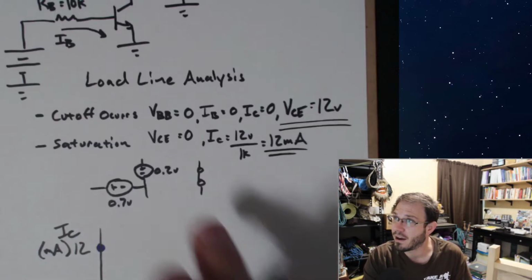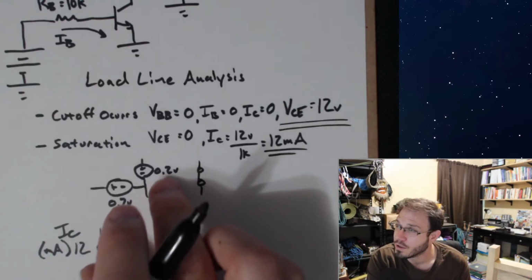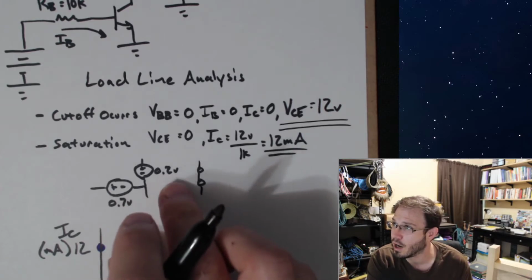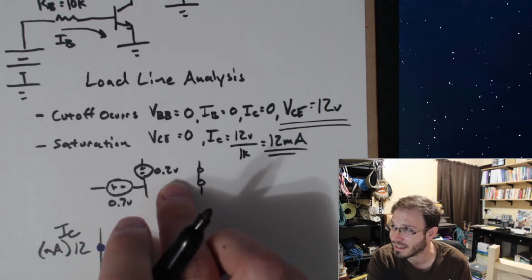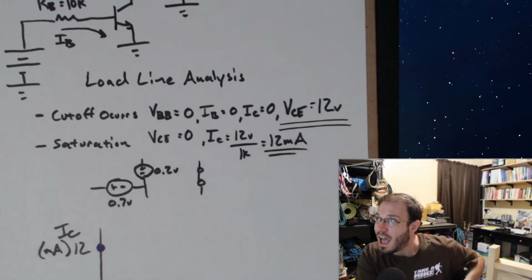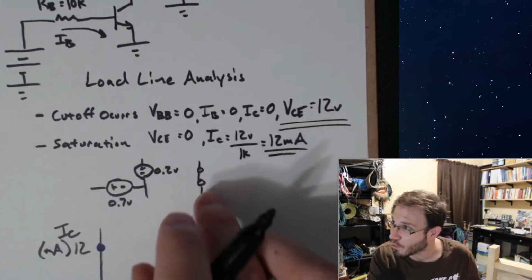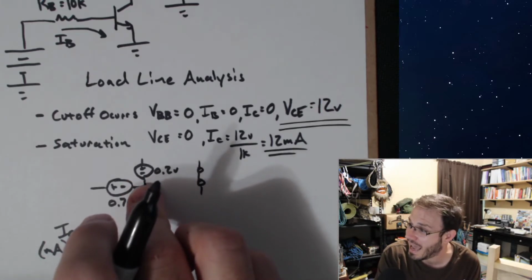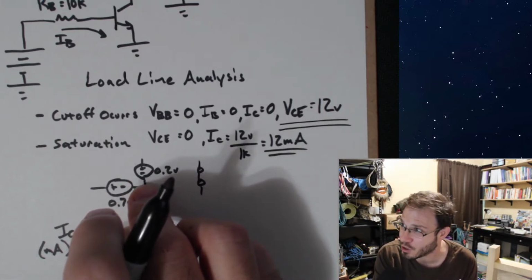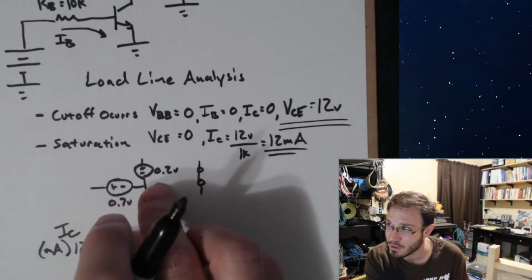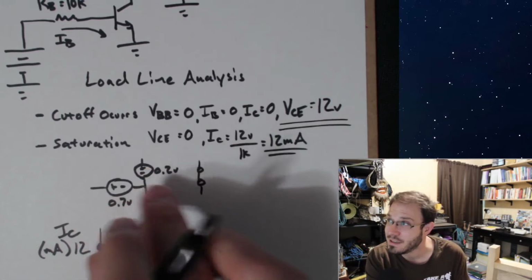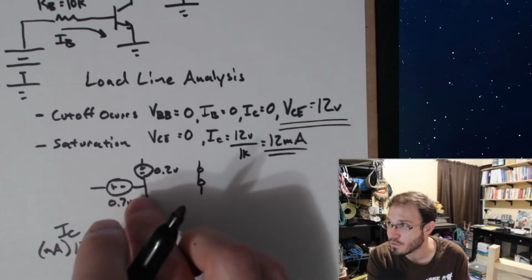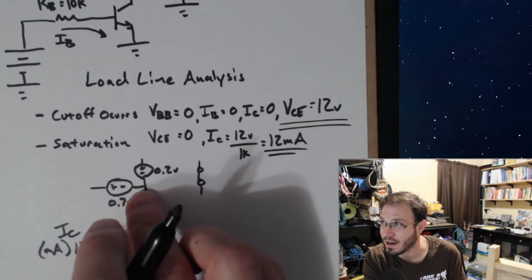If you think about it, a switch that has 0.2 volts across it is a bad switch, right? Because a switch should have 0 volts across it. But in our case, if our transistor is acting within saturation mode and it has a 0.2 volt drop across it, it's a bad switch. But it's still a switch, and it's a useful switch. It's just not a very good one.